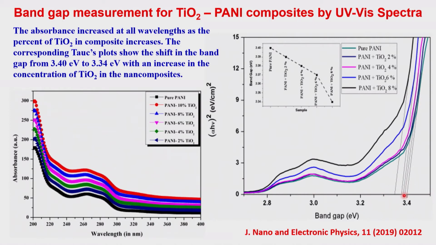You can see that the band gap values change from 3.4 to 3.34. It's a very considerable change. As the TiO2 concentration in the nanocomposite increases, this value is decreasing. So you are controlling the band gap with this. This is another application where one can utilize it.